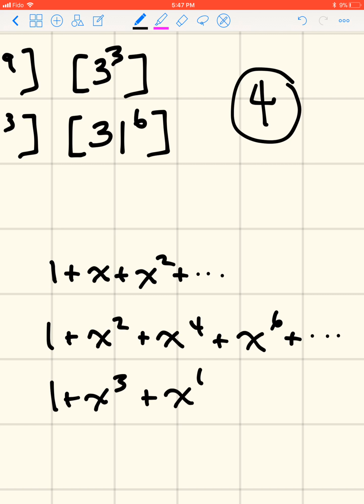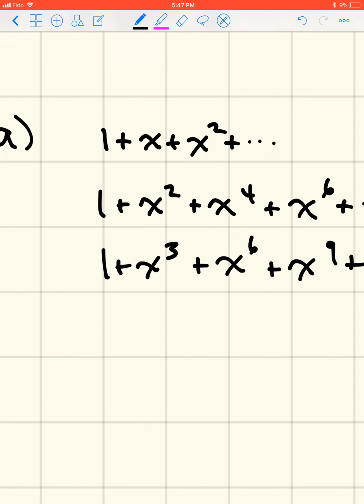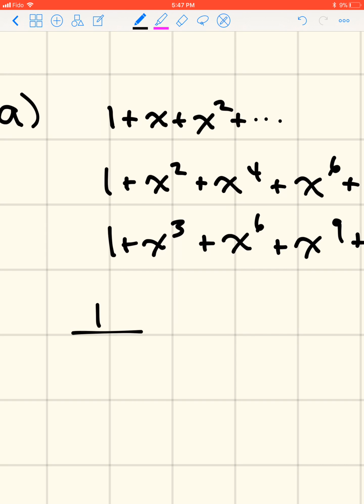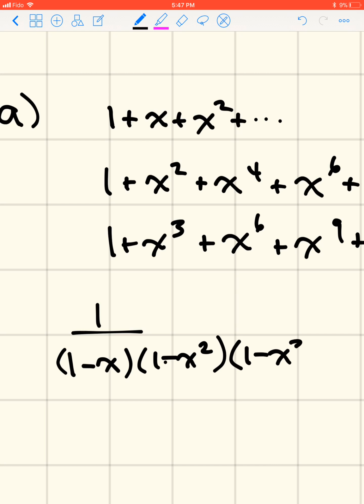And because of all the work lately we've done with generating functions, you know that these are 1 over 1 minus x, 1 minus x squared, and 1 minus x3. So in part A, when you're asked for the generating function, that's all you need to put as the answer.